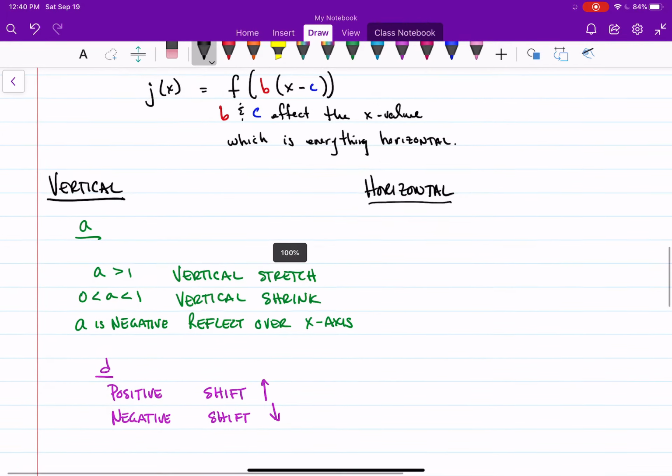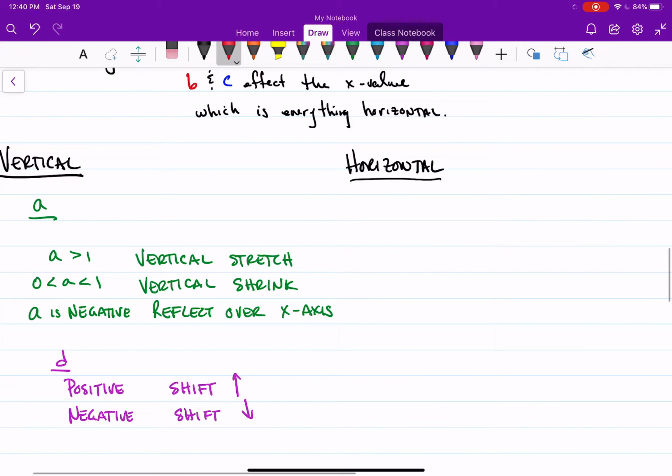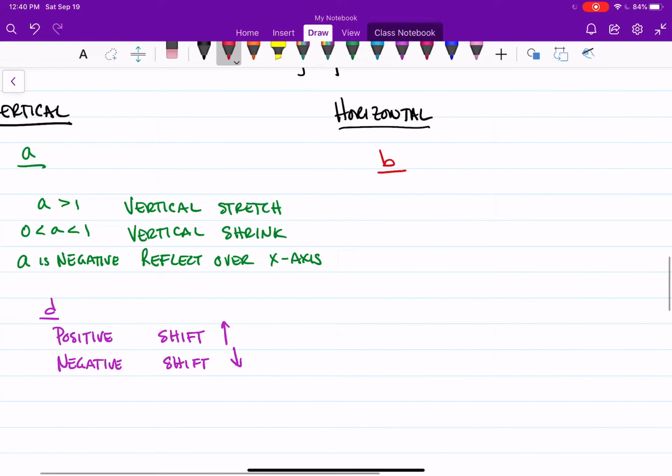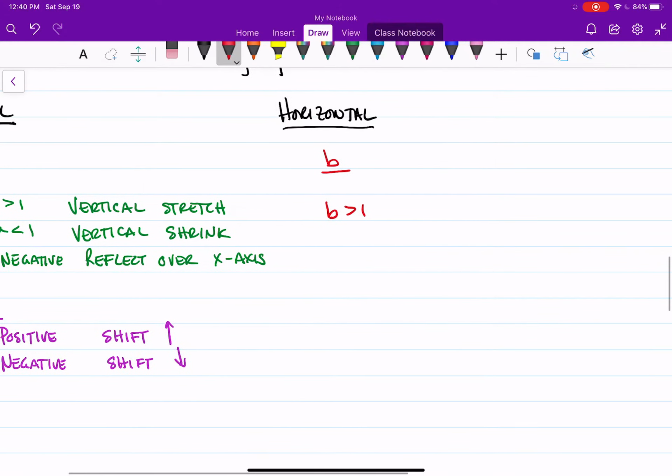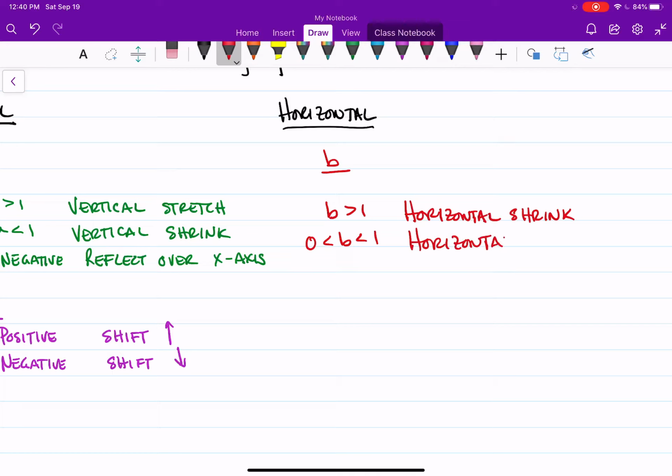And horizontal has B. So the B, same idea. If B is greater than 1, then it's going to be a horizontal shrink. While if B is between 0 and 1, then it's going to be a horizontal stretch.